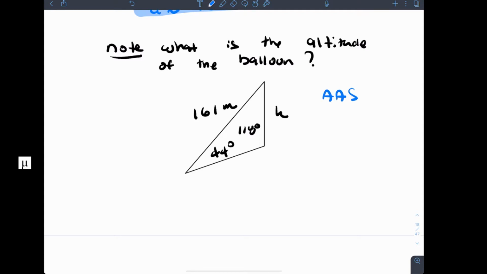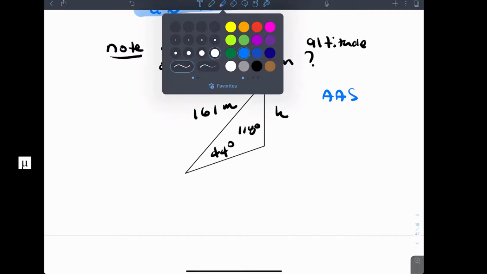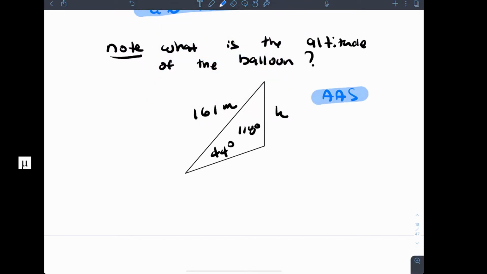Is that angle, side? So what do you guys use for angle, side?